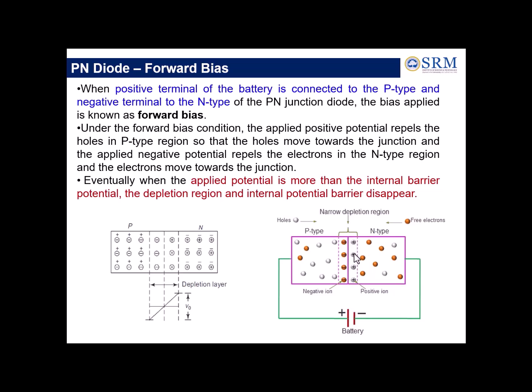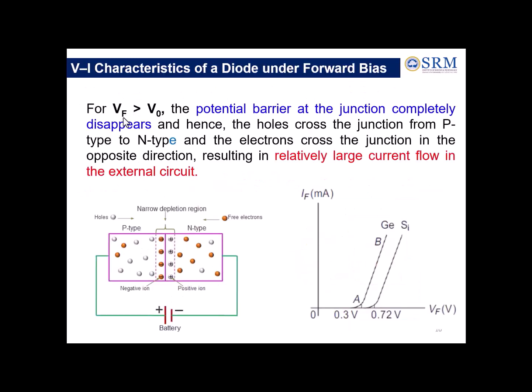Eventually, when the applied battery bias is more than the internal barrier potential, the depletion region as well as the internal barrier potential both disappear. When the applied forward bias is greater than the potential barrier, the barrier completely disappears.